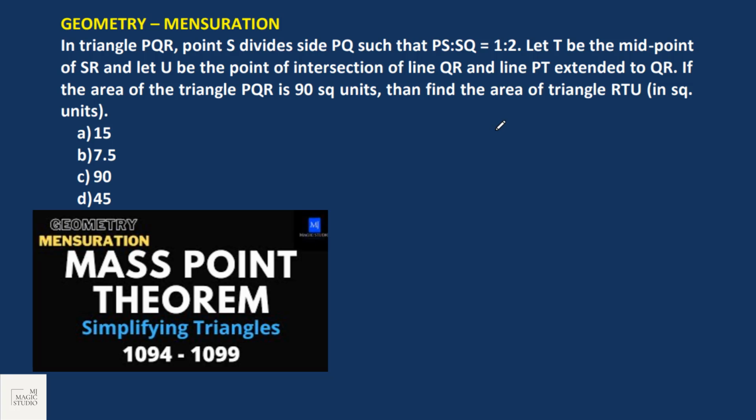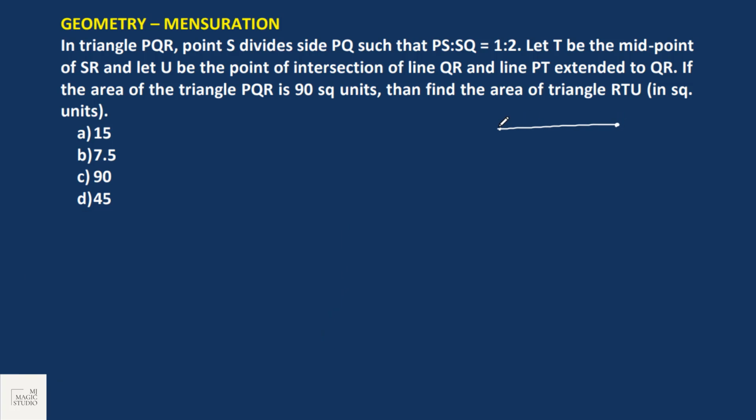In a nutshell, a beam is balanced at this point M if weight on A multiplied by this distance is the same as weight on B multiplied by this distance, and the central weight point at M will be the total of weight at A and B. So if I say at A my balance weight is 2, and at B it is 1, that means the ratio of MB to AM is 2 is to 1.